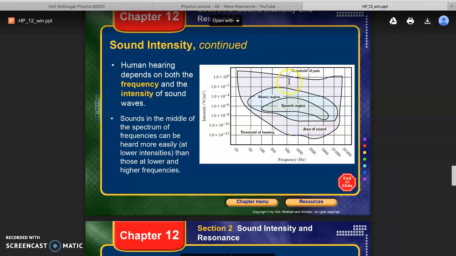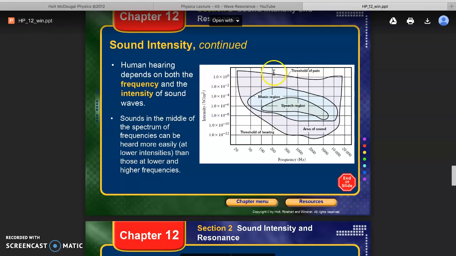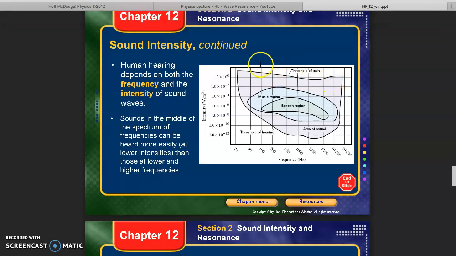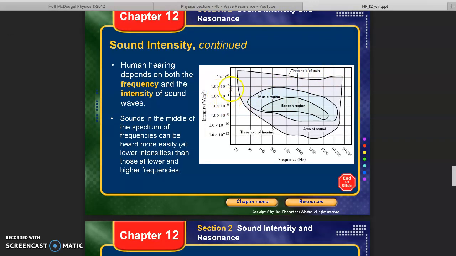That's why they call it up here the threshold of pain, because that's going to make your ears hurt when the frequency is high and the intensity is also high. Obviously, your computer is not able to get to that threshold of pain. So when I ask you to decrease the volume, we're pretty much staying down here.